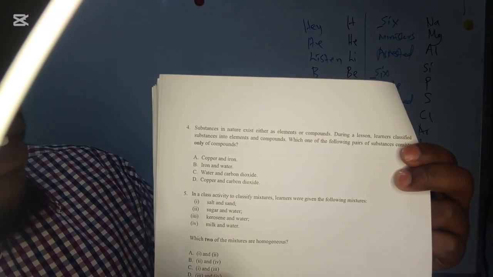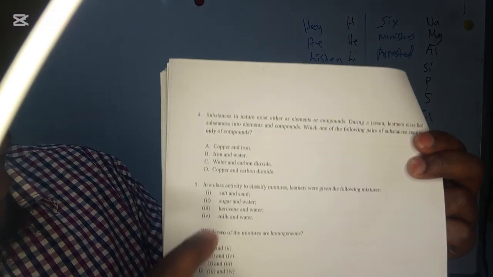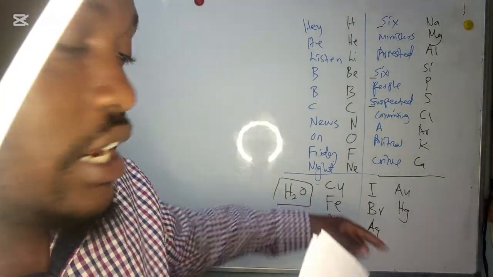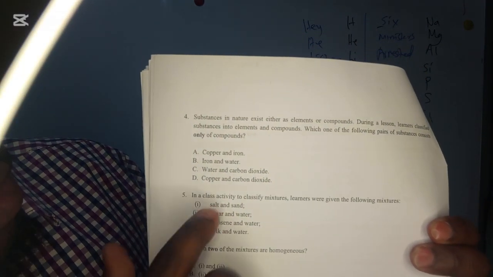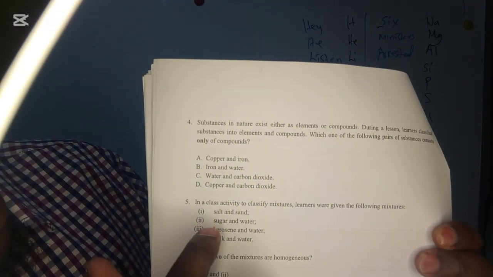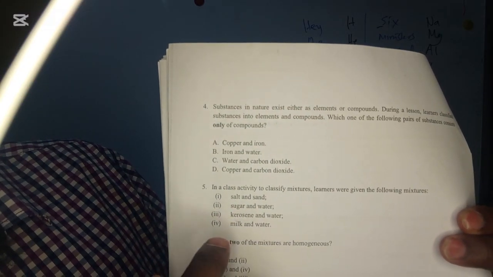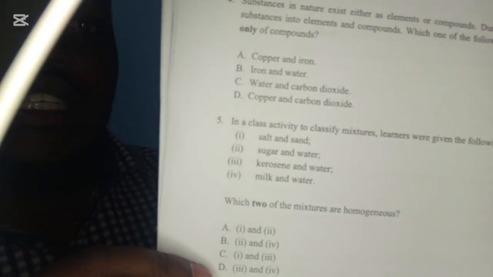You could be given any other set of compounds or elements. This is why you need to understand the first 20 elements and the rest. And you are asked, which 2 of the mixtures are homogeneous?